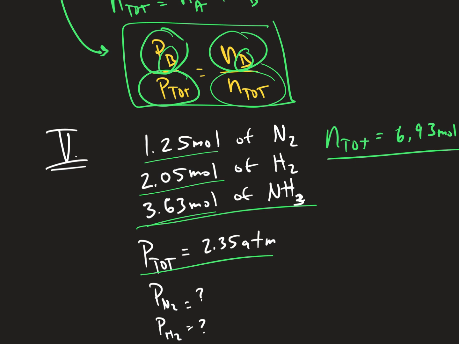So should we just plug these in each time to the same equation and then do the math? Or should we solve for the partial pressure? And this is where it's beneficial to solve before you plug the numbers in, guys.